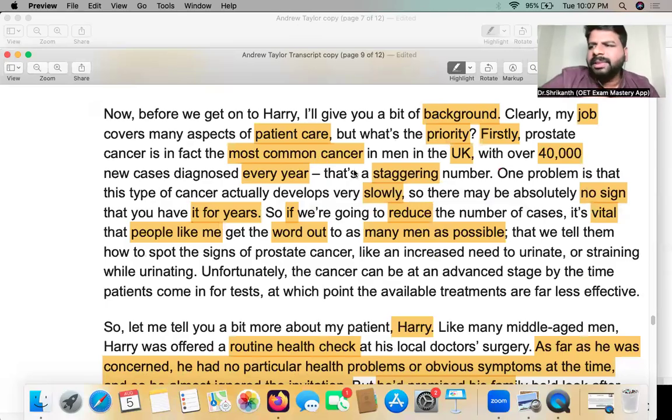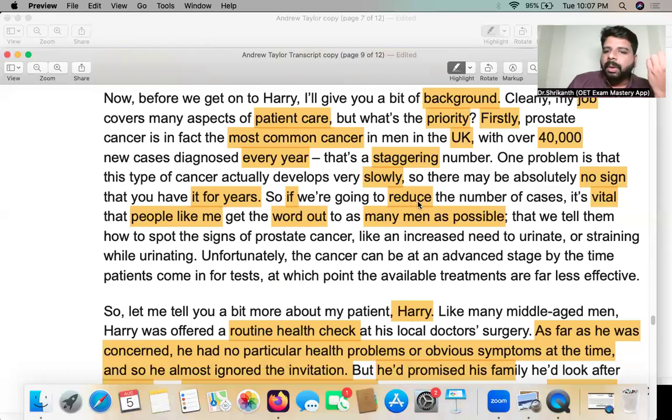Okay, so now she is saying, if we want to reduce the number of cases, it is important that people like herself get this information out to as many men as possible. That is what raising awareness is. So that is the main thing, that we tell them how to spot the signs of prostate cancer.